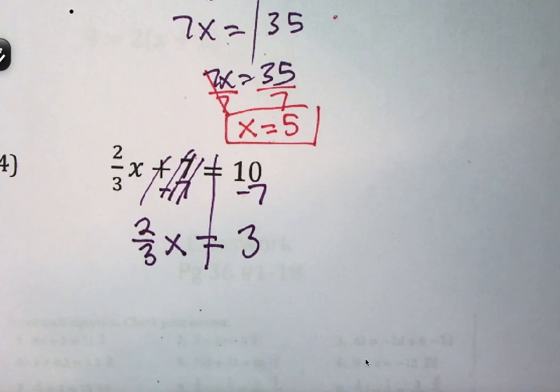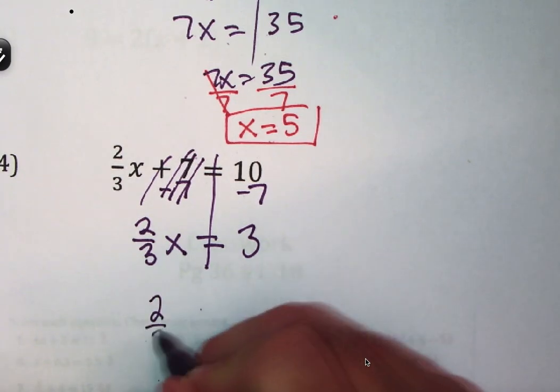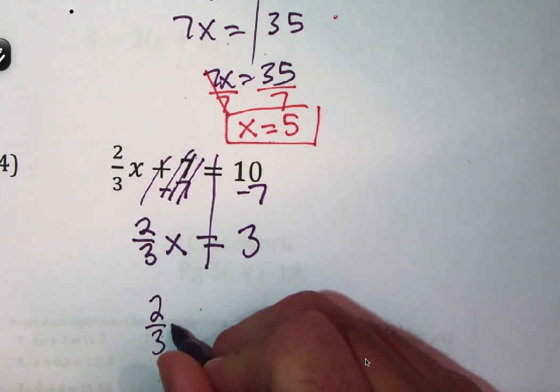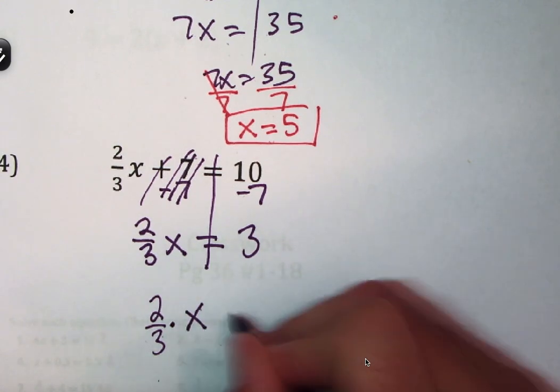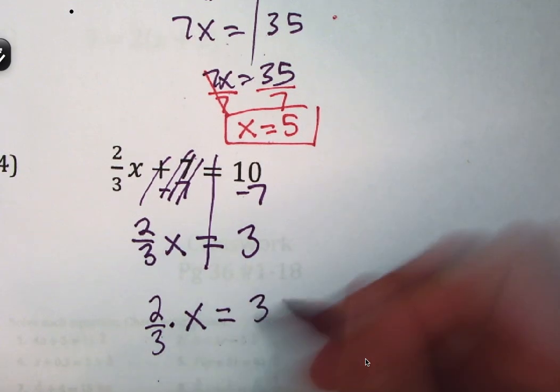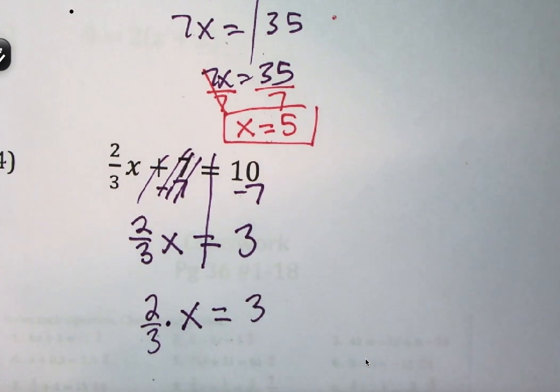All right, we have 2/3 times x equals 3. So, that's easy. Like, what if it was 2, right?